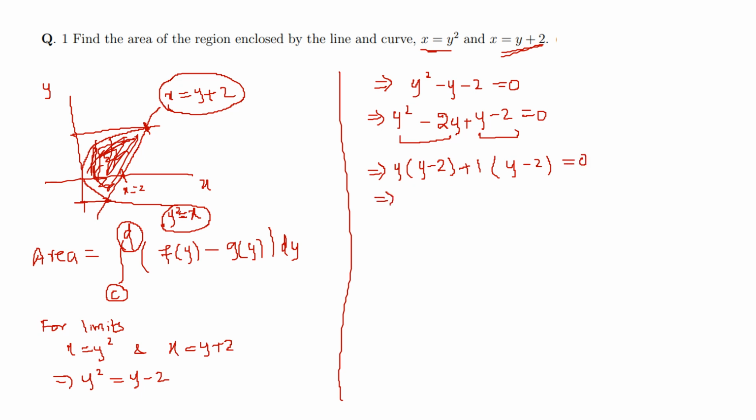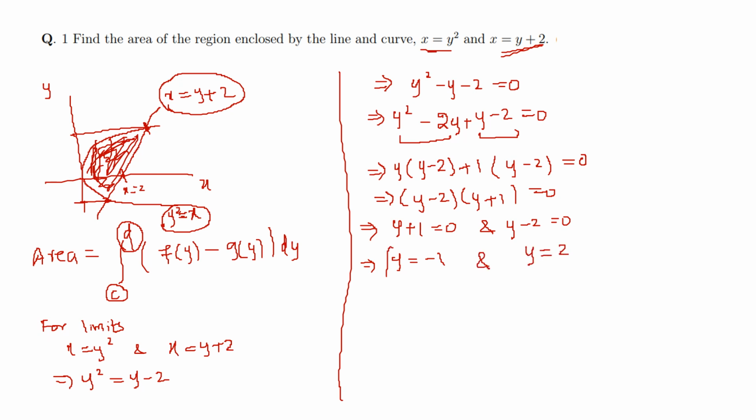This gives me y minus 2 into y plus 1 equal to 0. From here I can write y plus 1 equal to 0 and y minus 2 equal to 0. This gives me y equals to minus 1 and y equals to 2.